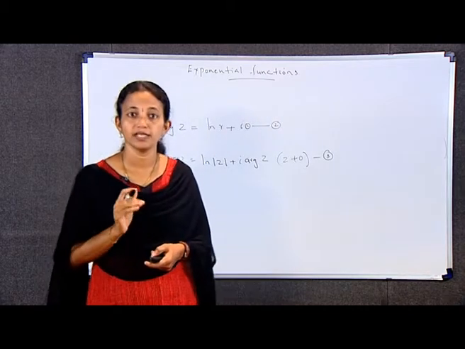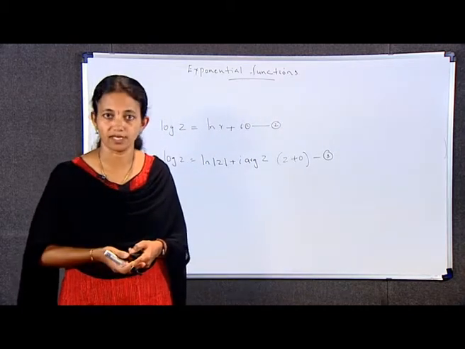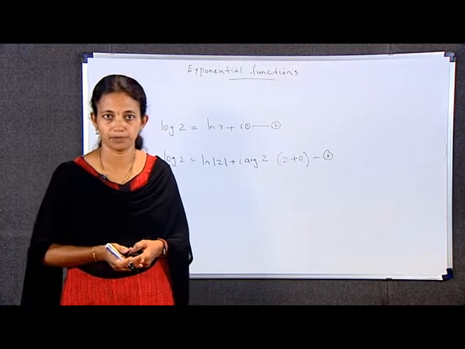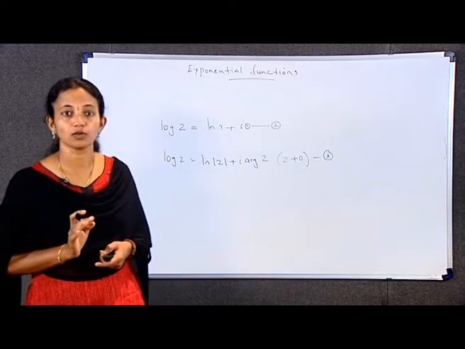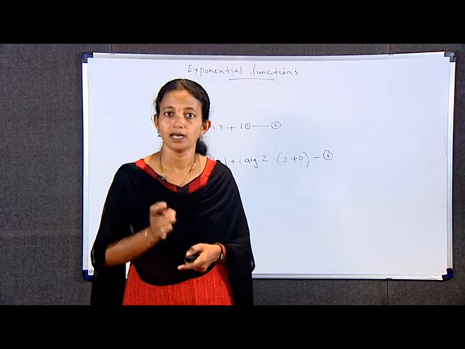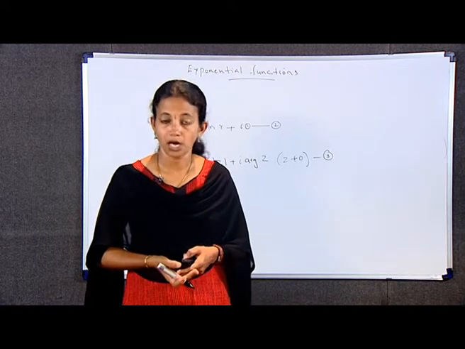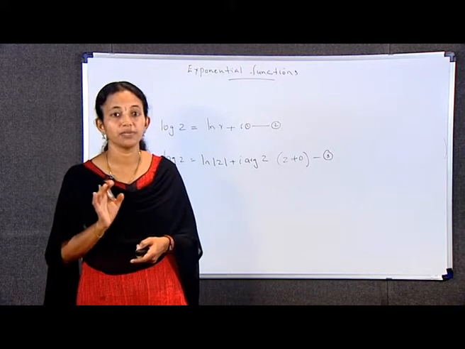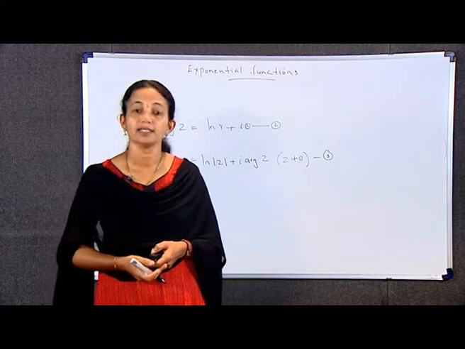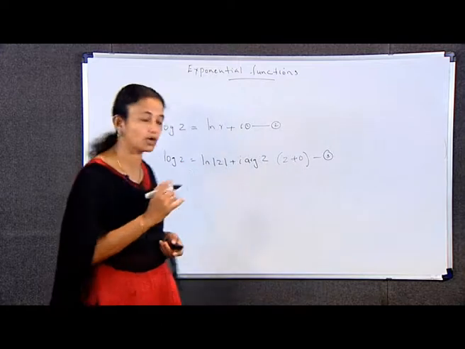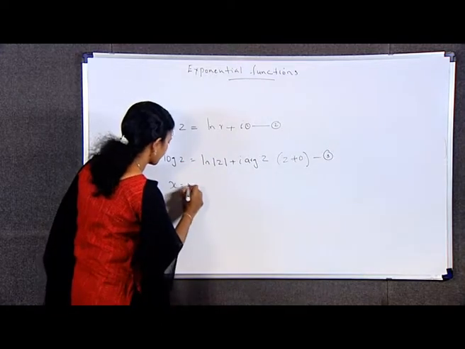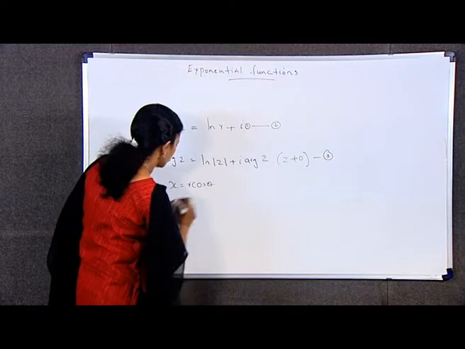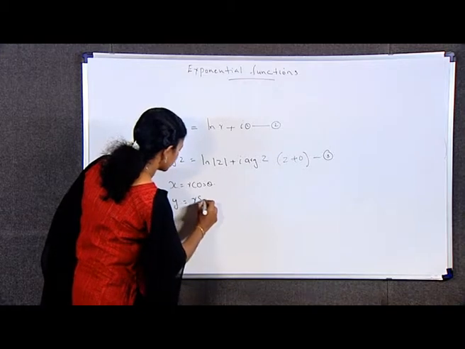We note that if z is equal to x plus iy is a non-zero complex number, the argument of z, equal to tan inverse y by x, is multiple valued. However, there is one and only one value for theta lying between minus pi and pi, satisfying x equal to r cos theta and y is equal to r sin theta.